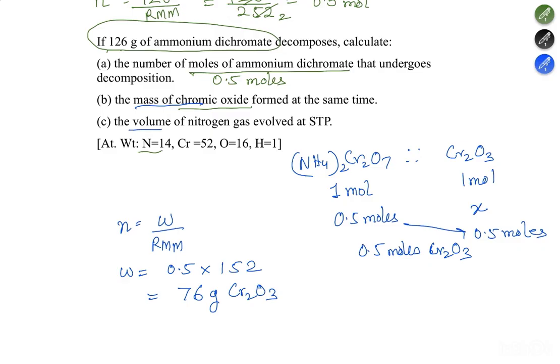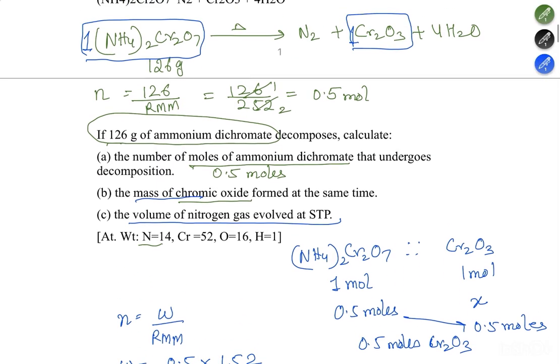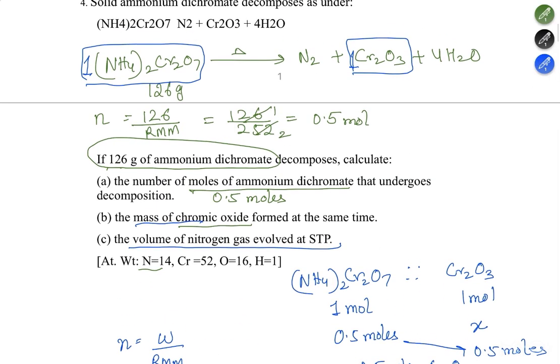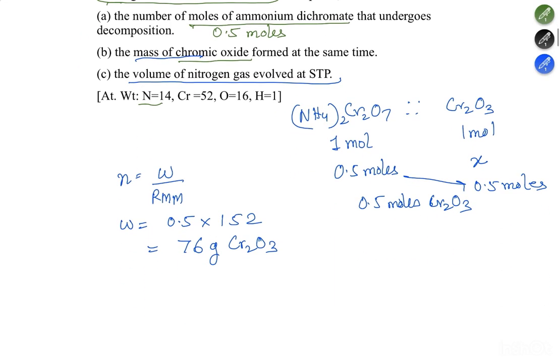Now let's look at the third part, the volume of nitrogen gas evolved. Again we have to go back to my balanced equation. In the balanced equation, the relationship of ammonium dichromate to the nitrogen gas is again 1:1 mole. So ammonium dichromate to nitrogen gas, the ratio is 1 mole to 1 mole.